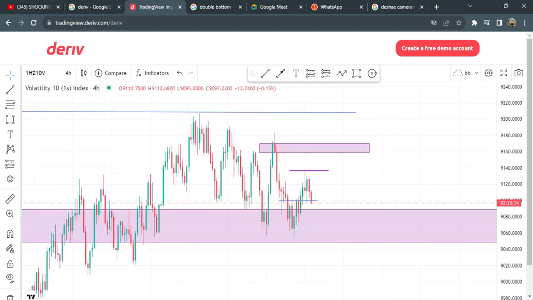So again, we have drawn our points of interest. So we're expecting the market will go down here, trying to retest, it was unable, going down to test our demand zone again for it to continue going up.